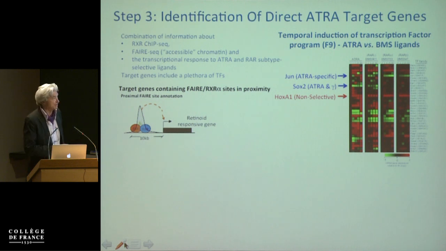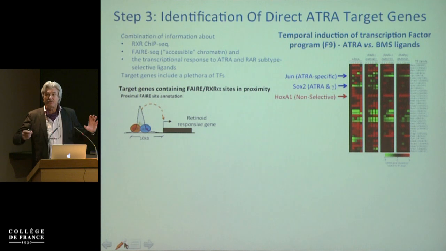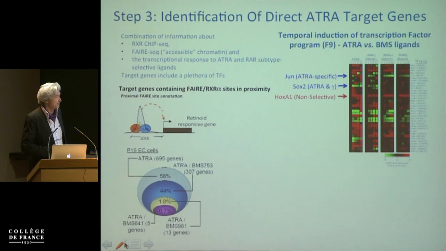It activates all the things. Whereas, for example, JUN and SOX2 respond particularly to ATRA, and they respond to the gamma, but not to the alpha and the beta ligand. So there's selectivity involved. And what you can see here are all transcription factors. So this means these transcription factors follow a particular rule to be activated, and of course then they activate their downstream genes.